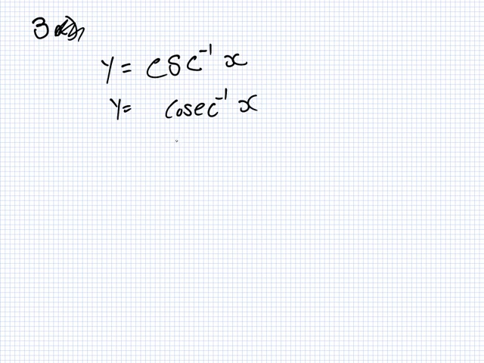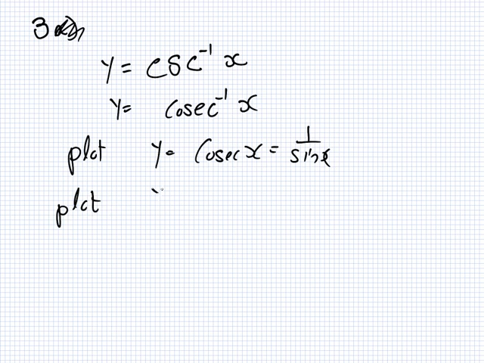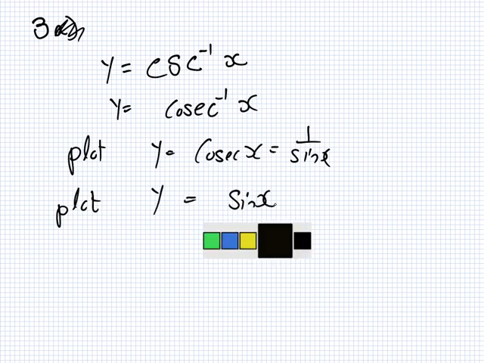Now, before you can even plot this, it's actually sometimes helpful to plot y equals cosec x, which is 1 over sine x. And it's sometimes even helpful then to plot y equals sine x. Okay, so I'm going to make 3 graphs to help us get to the answer here.